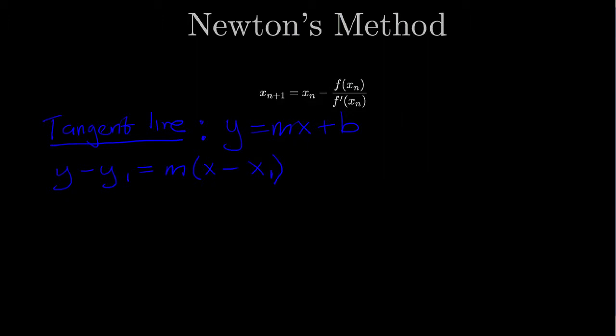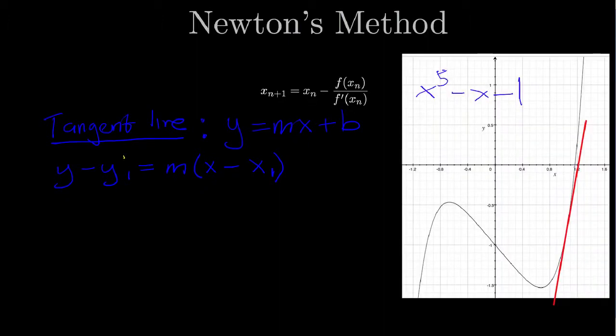Let me bring back my picture. Okay, so I'm going to rename these. I'm going to rename y sub 1 and x sub 1. These correspond to the values where I'm finding my tangent line. So for example, in this one, when I let x equal 1, then that was my x sub 0.